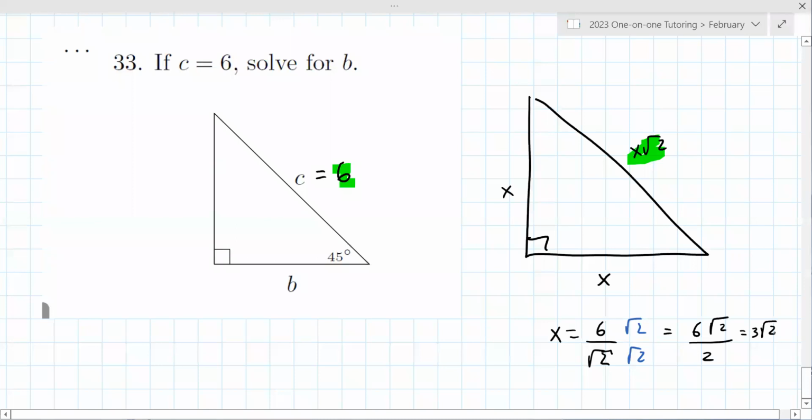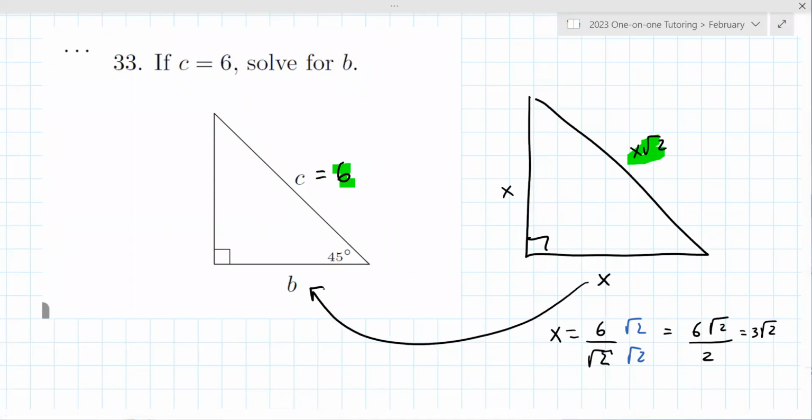Good. Now, in this case, x is b. So then b will be 3 times the square root of 2. Yes. And the other side will also be that as well. Yes.